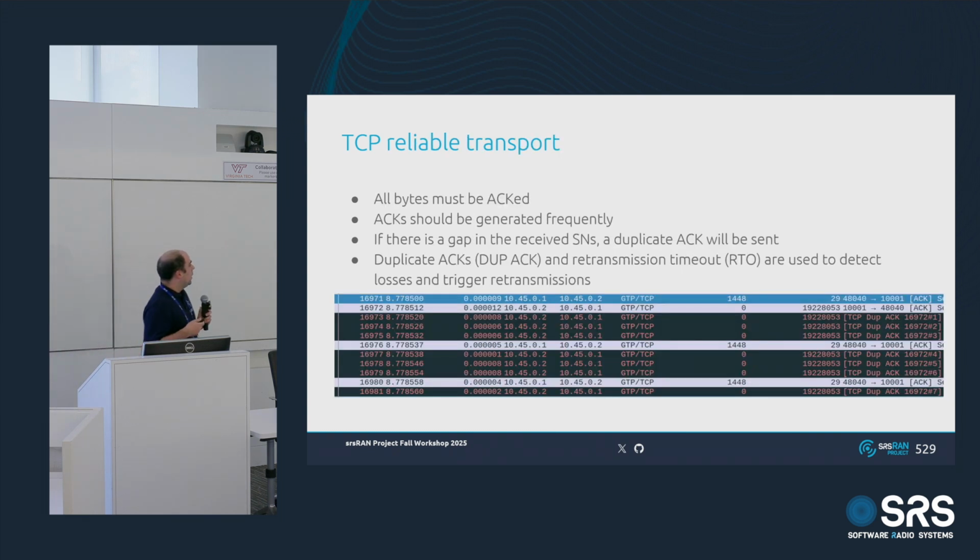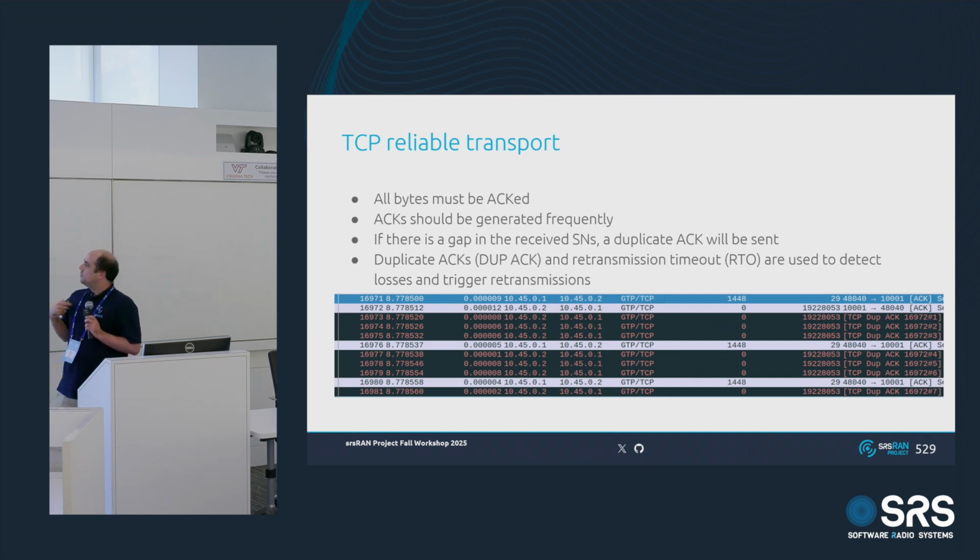It's all bytes, and it implements reliable transport. All bytes have to be ACKed. If there is a gap in the received sequence numbers, a duplicate ACK will be sent. So when we're debugging, one of the things we're looking for is duplicate ACKs.